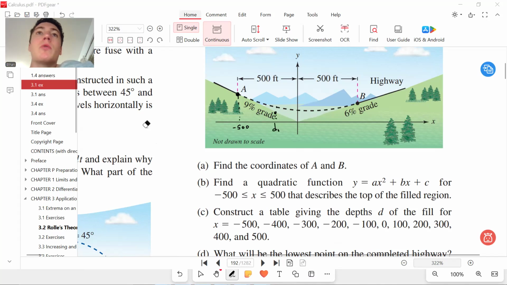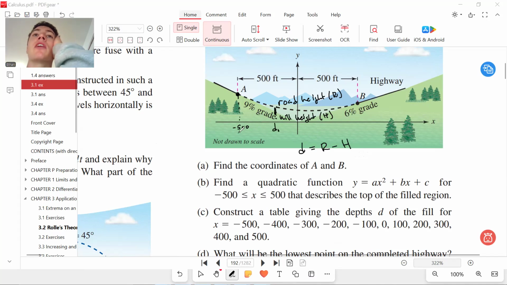That would be the road height, the height of the road. And I'll call that R, capital R. The distance between our road height and our hill height would be our depth. So we're going to call D our depth, road height minus hill height.